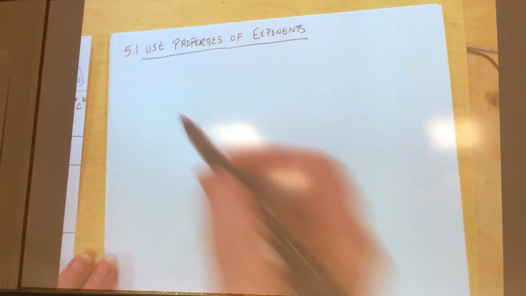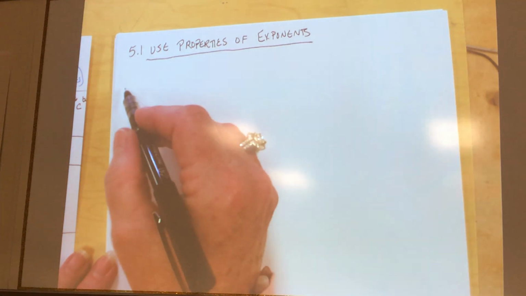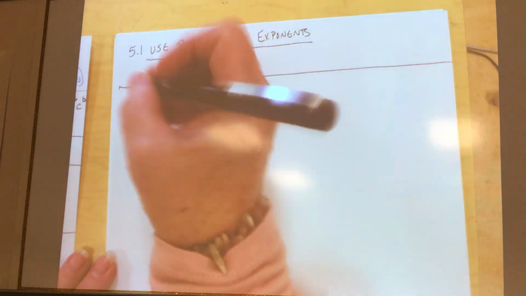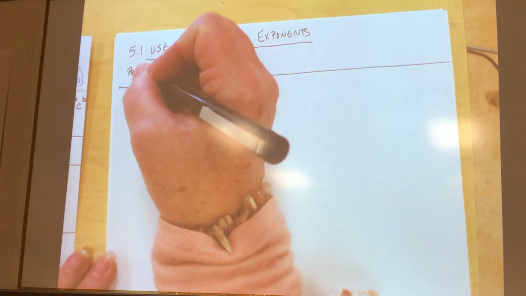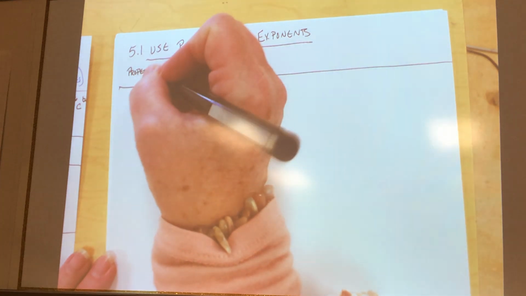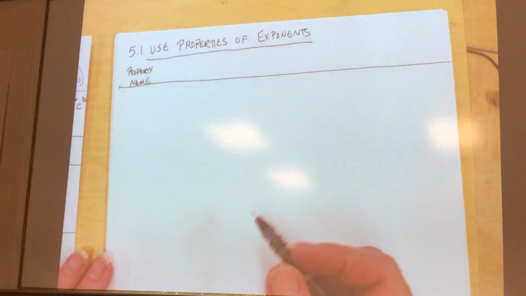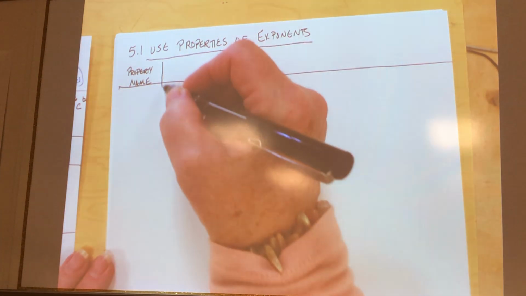So here we go. There are 7 properties of exponents, okay? We're going to make us a big old chart. On the left-hand side, we're going to put the property name, which is really kind of useless, but whatever. Do I have to know the property name to be able to use it? No, I don't.